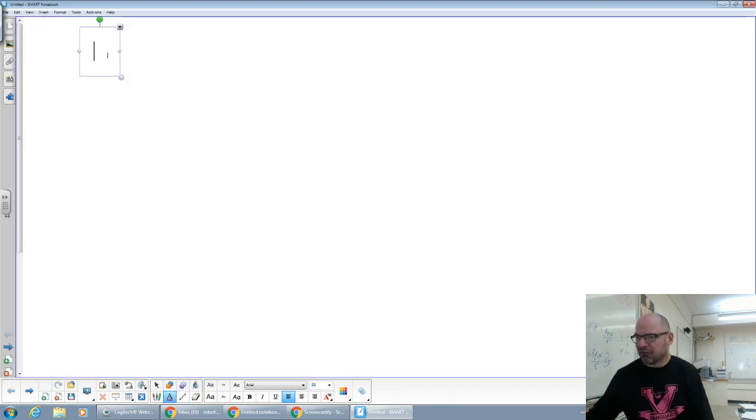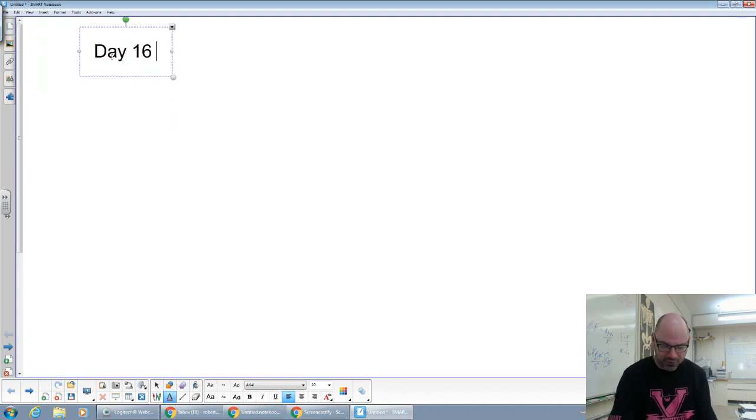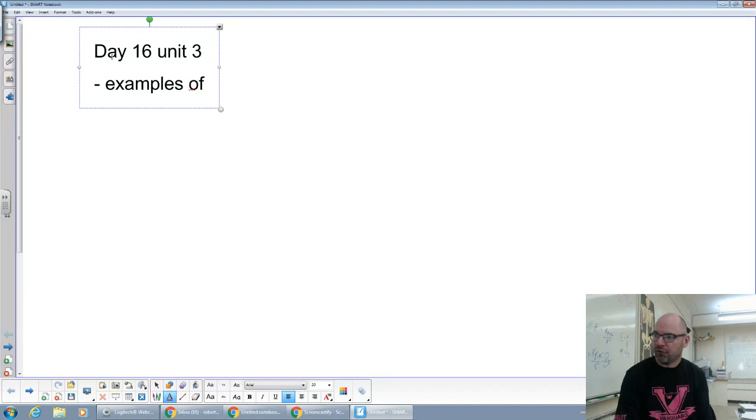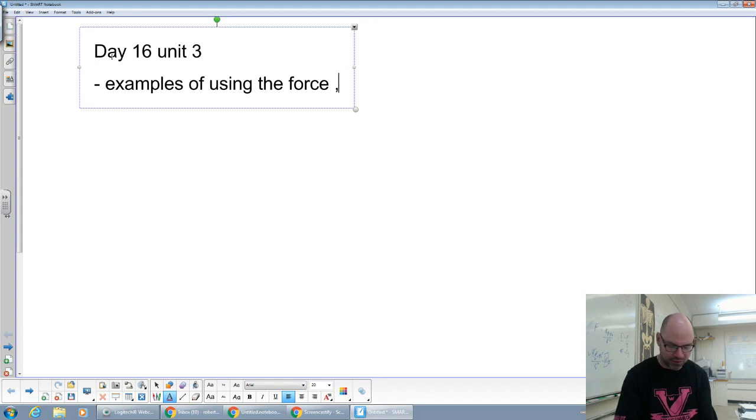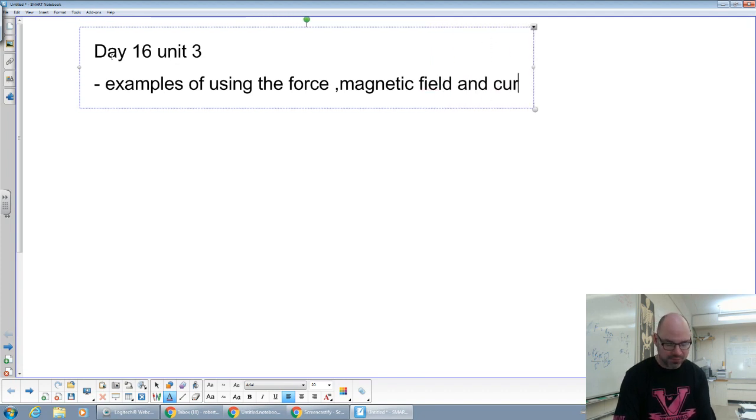Okay, so let's finish off what we're going to do today on day 16 and the final content day in Unit 3. We're just going to look at a couple examples of that equation that we never did yet, using the force, or I guess we should say magnetic field, current equation.